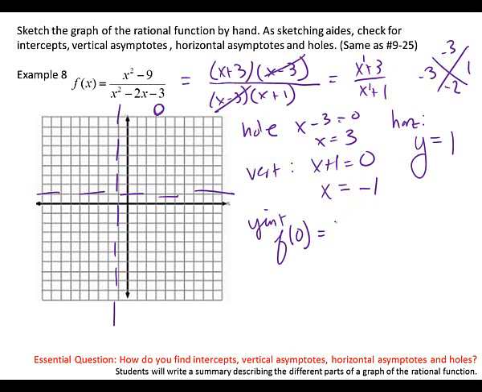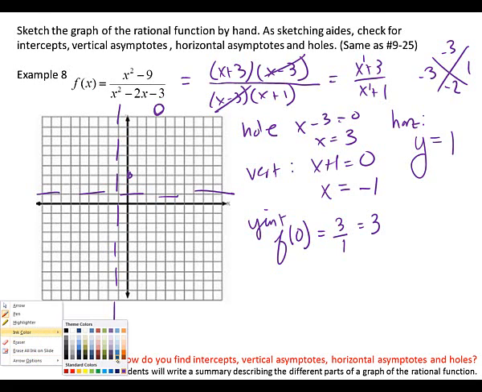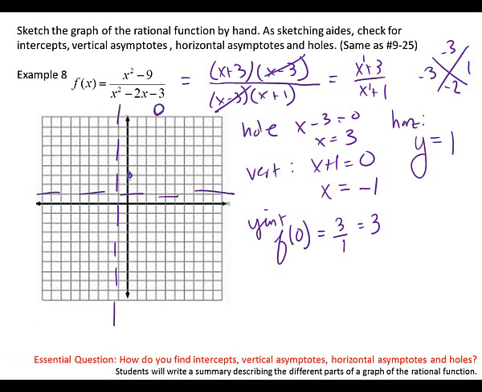We get 0 plus 3 is what? 3. And 0 plus 1 is? 1. So you end up with 3. So out 0, up 3 would be right there. Oh, I should do a different color for my actual graph. Let me find one that's going to show up a little better. So right there is my y-intercept.